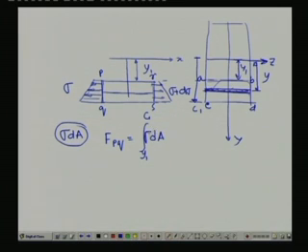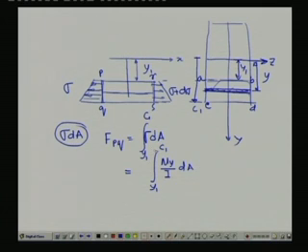So, if we consider these values of this integral sigma dA, what does it come out to be? Sigma equals My by I, as we have learned just now. So, the force from y1 to C1 equals My by I into dA.